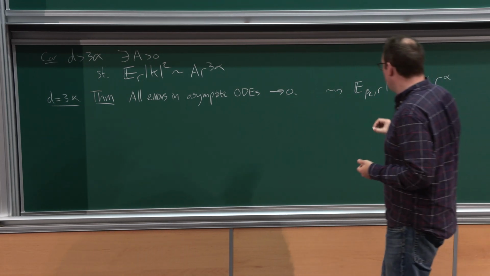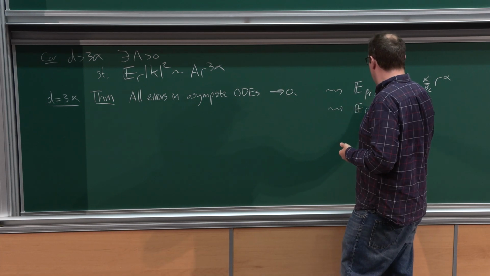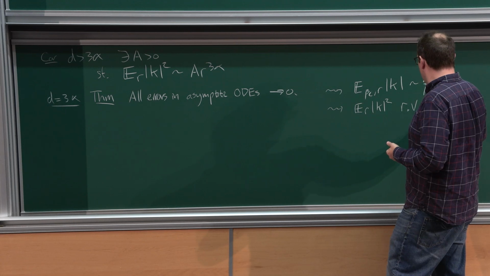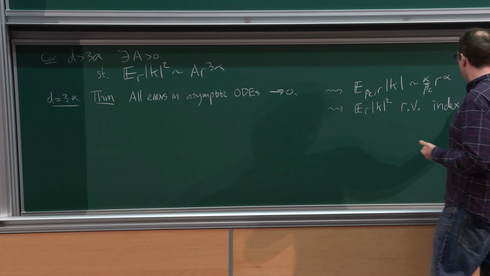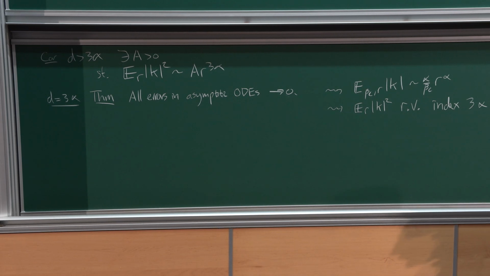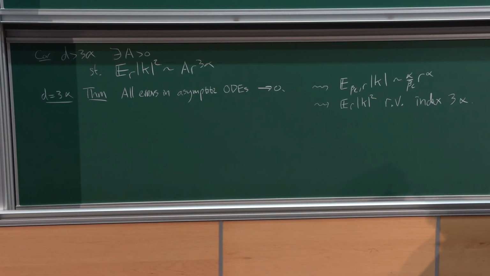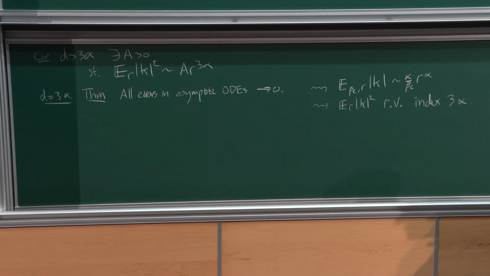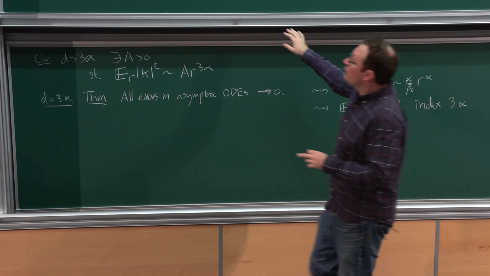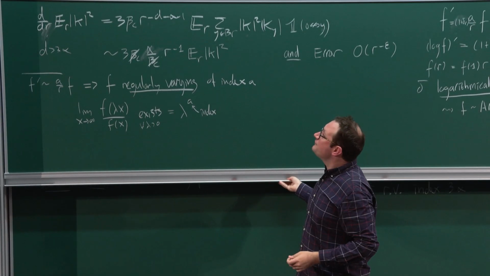Well, you know that the second moment is regularly varying of index 3 alpha. Okay, because that's the coefficient that we get here, right? 3 alpha.